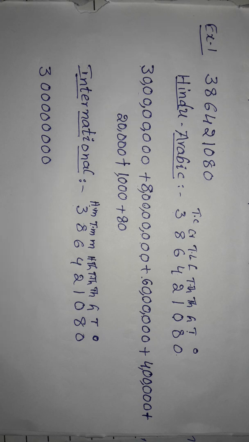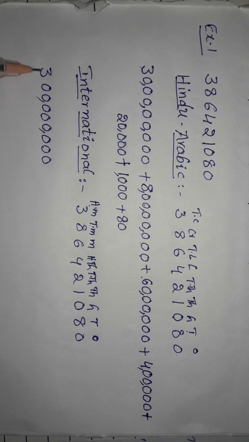In international system we have to keep commas in between 3 digits. 1, 2, 3. 1, 2, 3. 1, 2, 3. No number is there. Let's see. Ones, tens, hundreds, thousand, 10,000s, 100,000s, millions, 10 millions, 100 millions. 300 millions.